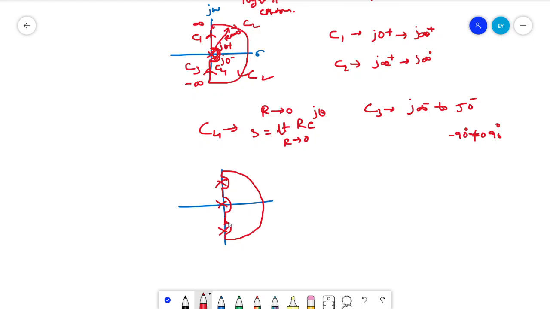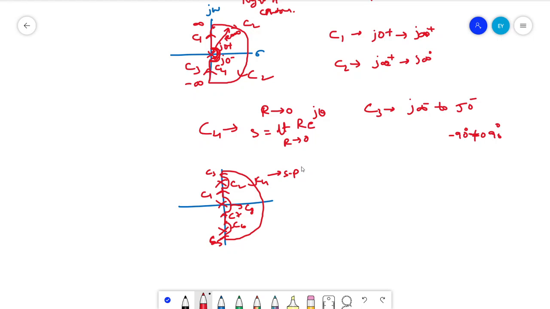So this is how it moves actually. So starting from case 1, this can be considered as C1, C2, C3, C4, C5, C6, C7, C8.